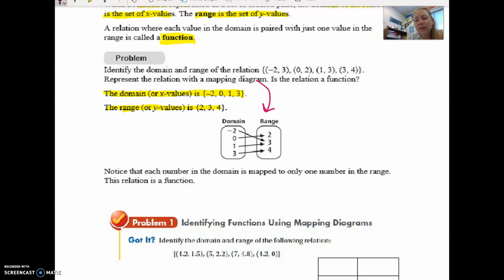So that means this relation is a function. So I'm going to highlight that as well. Remember, as long as for every one input there is one output, it will be a function. So this type of mapping diagram works to show that that relation is a function.